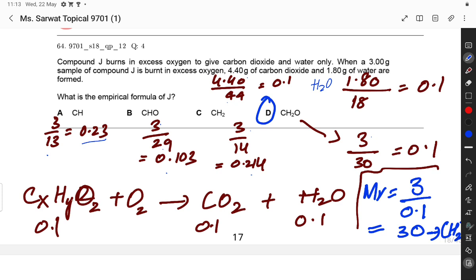So in this reaction, we have 0.1 mole of carbon dioxide and 0.1 mole of water. So this is also 0.1 CH2O. This is CH2O.